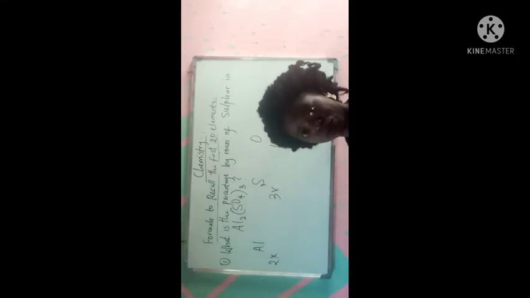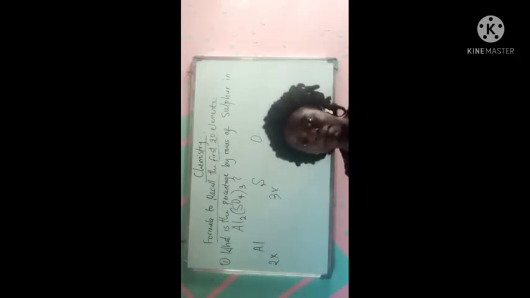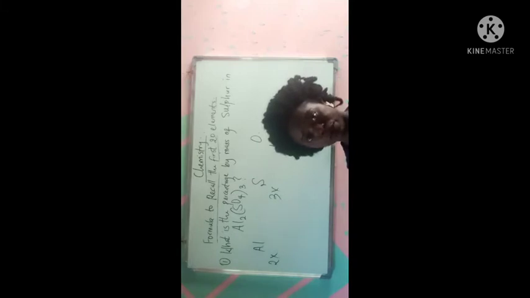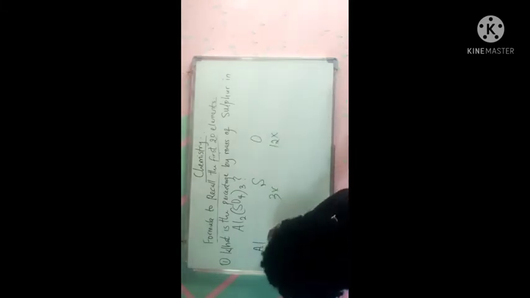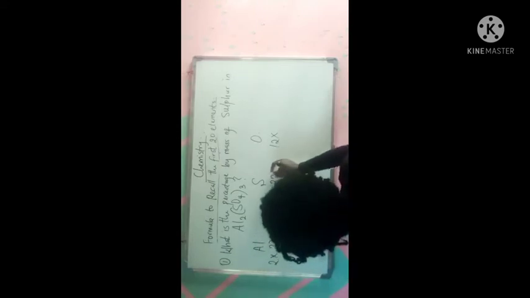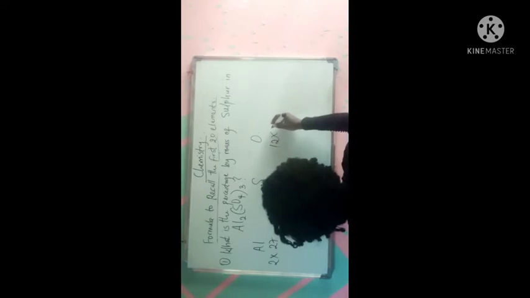The next thing I'm going to do is to now take their mass number and solve. For aluminium, we know that the mass number of aluminium is 27, the mass number of sulfur is 32, and the mass number of oxygen is 16.